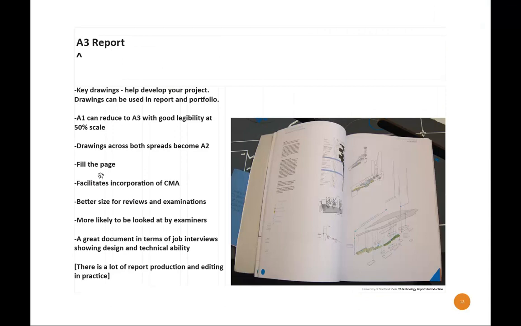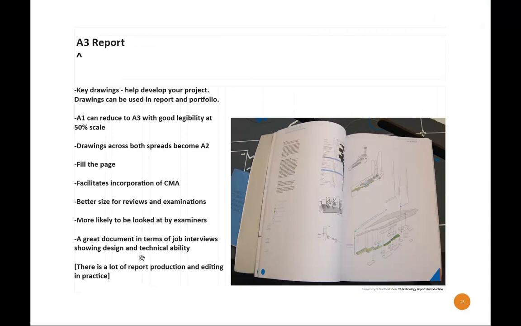You can incorporate the CMA, because by the time you're finishing off your technology report, your CMA is finished. So we quite expect you to be extracting work from the CMA and putting it in the report. The A3 is a better size for reviews and examinations. It's a bit bigger. You can actually pin those sheets up. It's more likely to be looked at by the examiners.